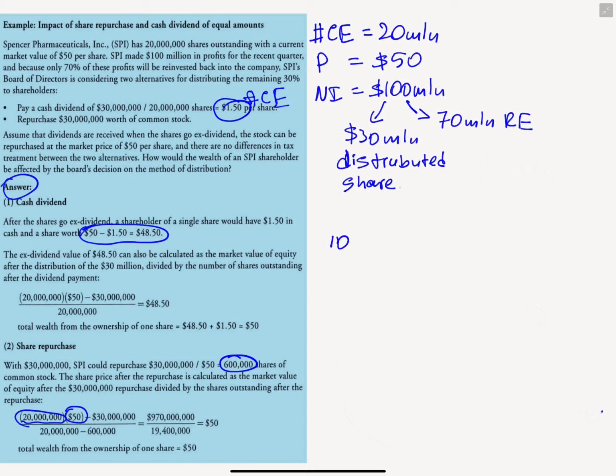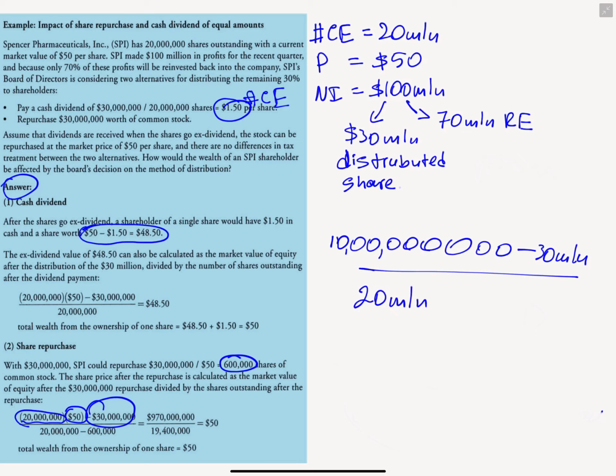Sorry, 1000 and 3 zeros, minus 30 million, divided by 20 million minus 600,000.